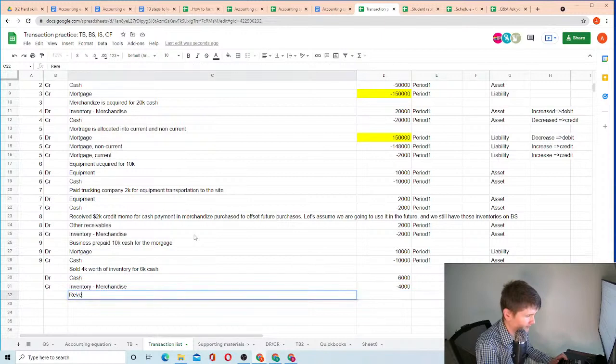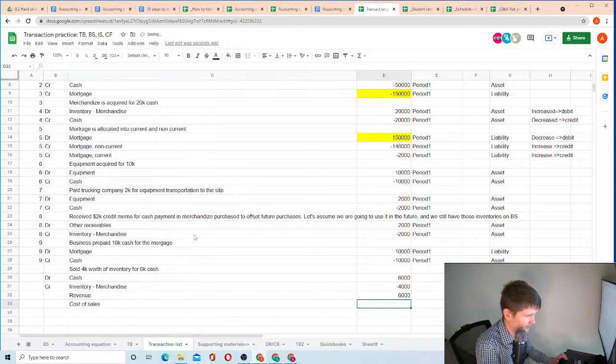And here we come, revenue. So we get 6,000. Therefore, our revenue should also be 6,000. And our cost of sales is 4,000.